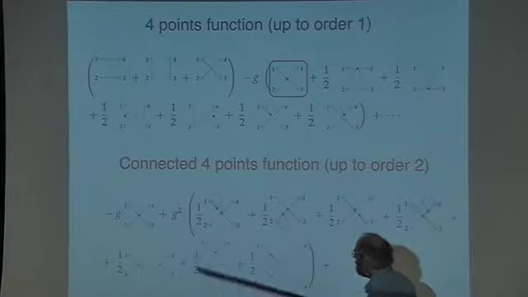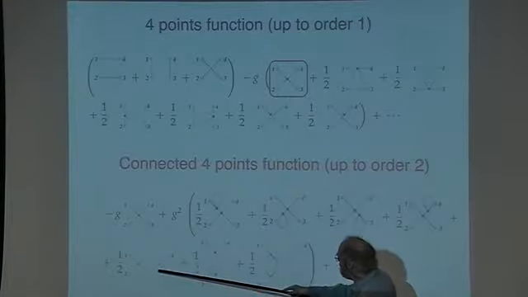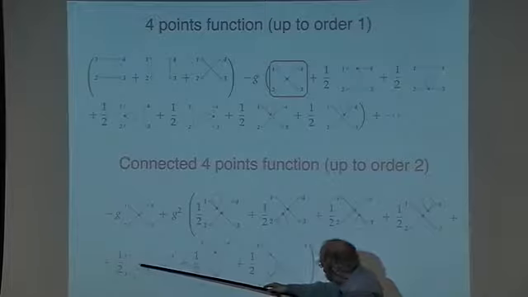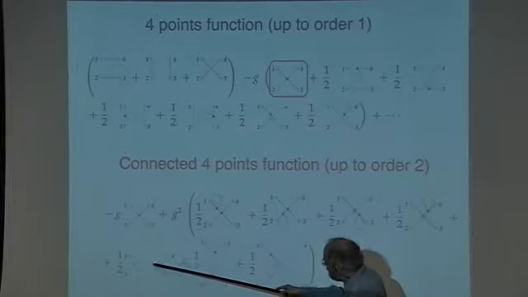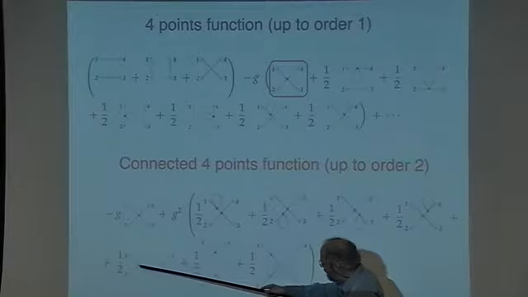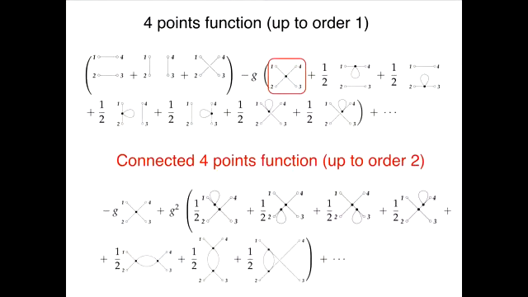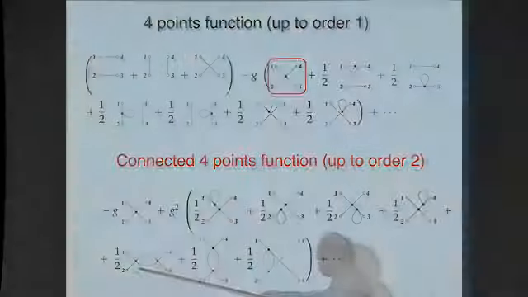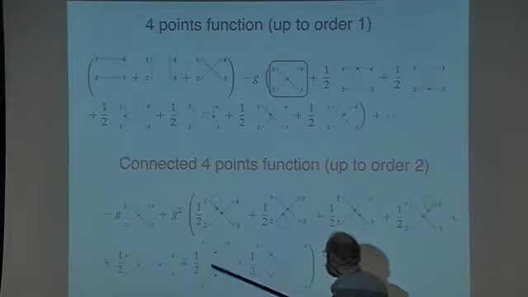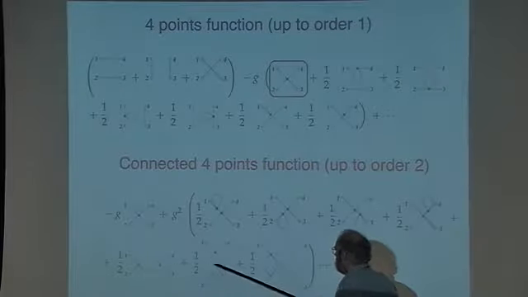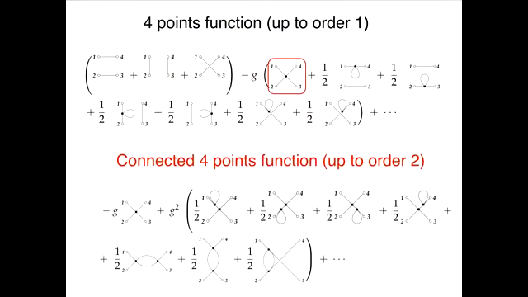And then you have new diagrams, like this one, where you have 2 vertices, 2 lines, 2 propagators, 2 pairings between the 2 internal vertices. So you get this one, you get this one, and finally you get this one. Well, these diagrams just differ by a different labeling on the external vertices.